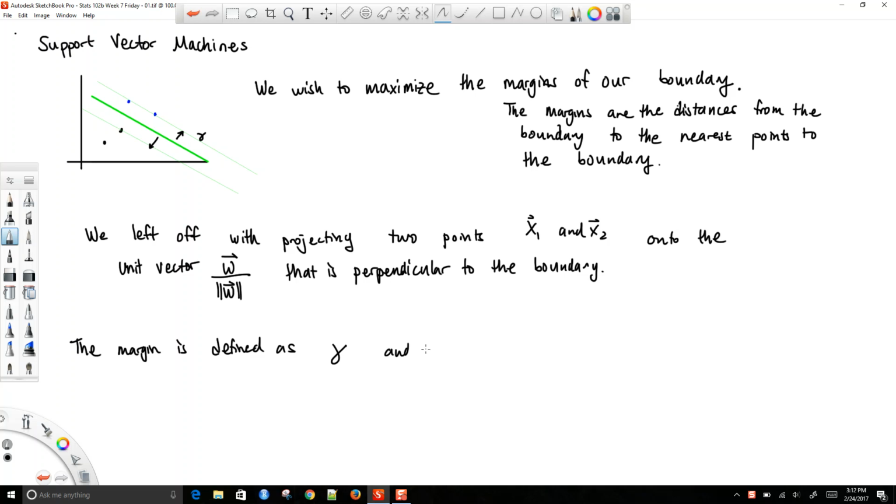And with a little bit of math, we can say gamma is equal to 1 over ||w||. And then we can optimize this using Lagrange multipliers. And I want to skip all of that math.